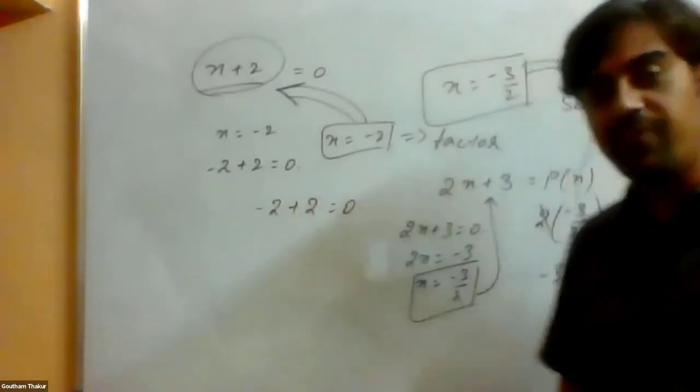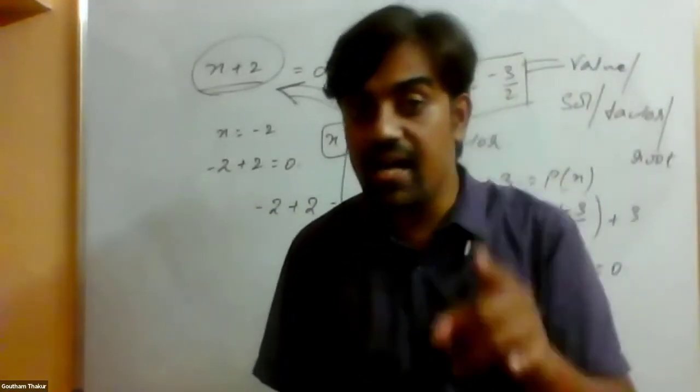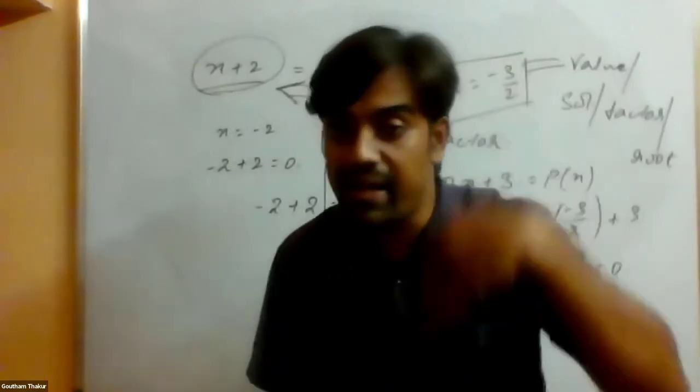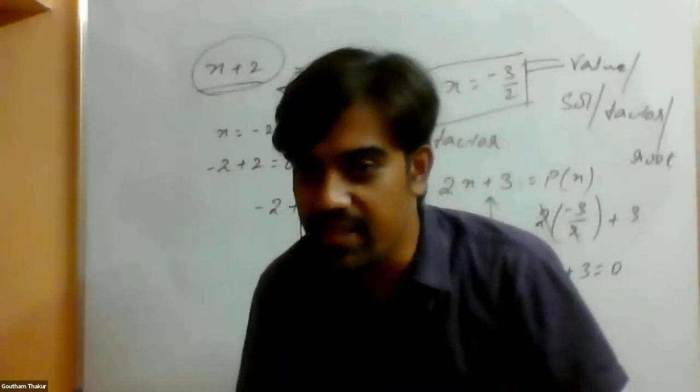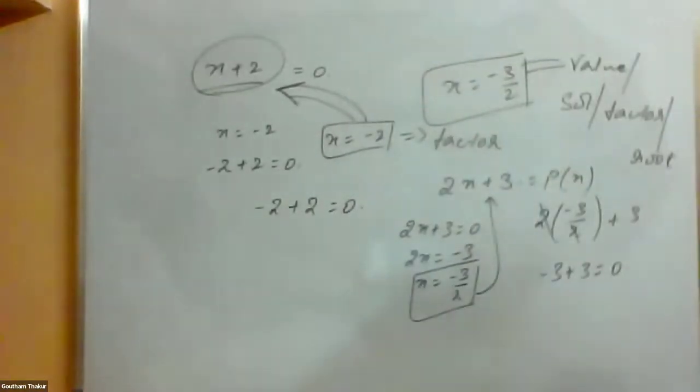Perfect. In the polynomial, we need to divide. The answer should not be 0. The remainder should be 0, not the answer, Kaushik. The remainder should be 0.